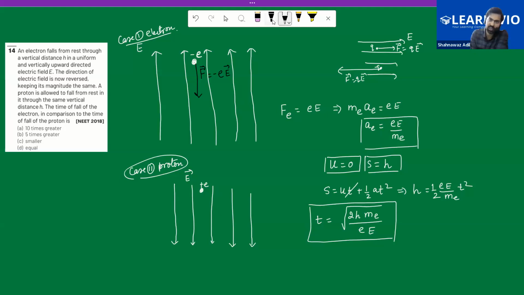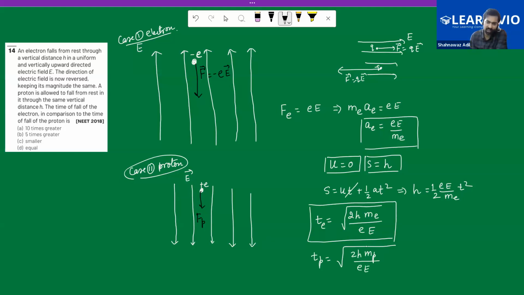So this would be the force experienced by the proton, right? We will get the same acceleration and the same thing. This is the electron time, and the proton time we will get would be root of 2h mass of the proton divided by eE, right?